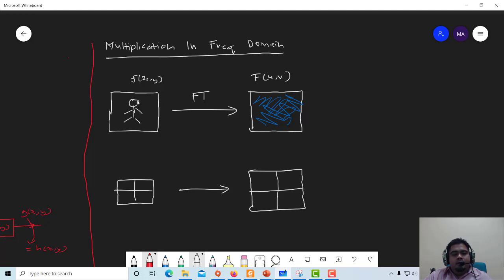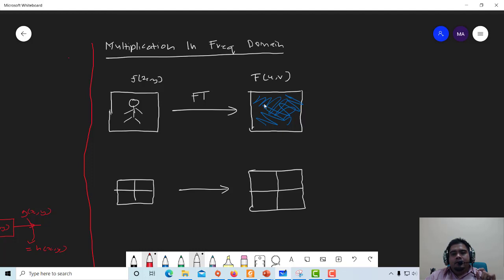For example, I just draw that there is a person in this image, but if you convert it into the frequency domain, it will provide an image matrix where the size is similar to the original image in the spatial domain. If you display it, it provides some kind of pattern, but it is not very meaningful, and you cannot interpret what image that is, because in the frequency domain it is now numbers, an image matrix.